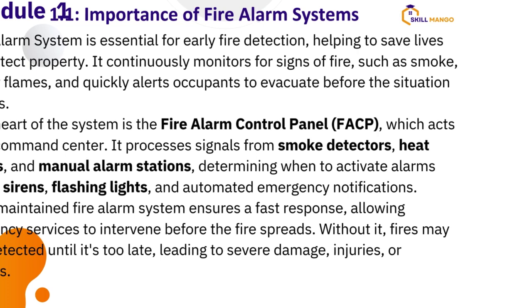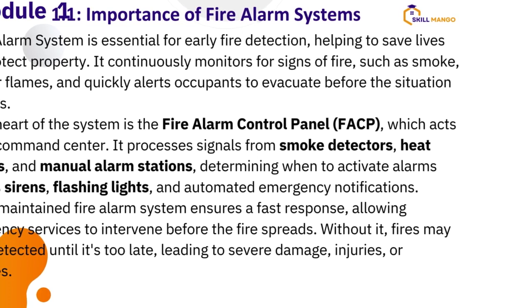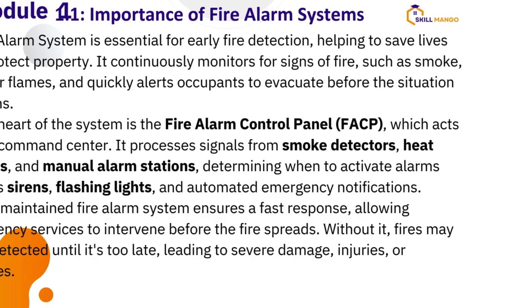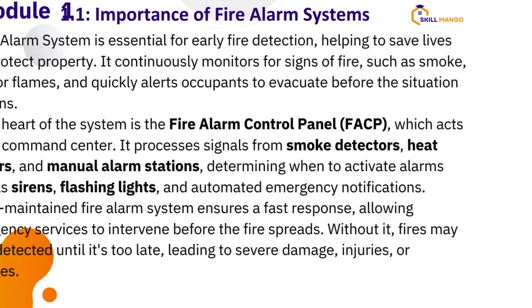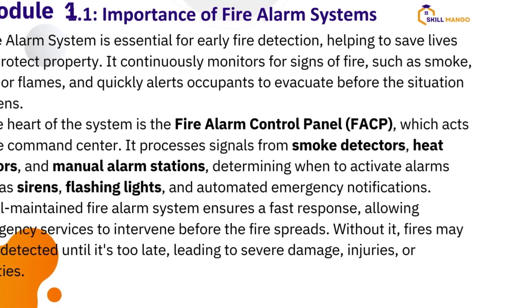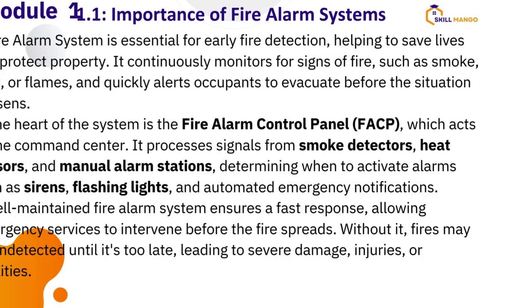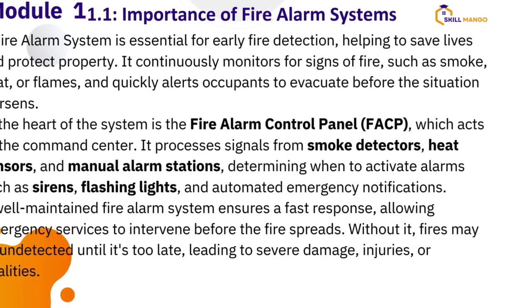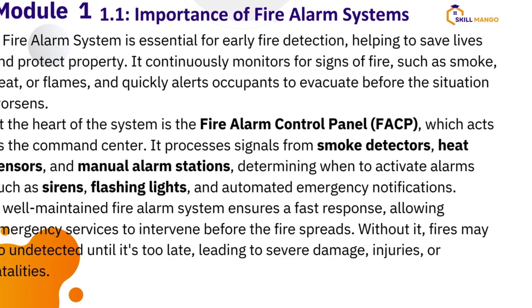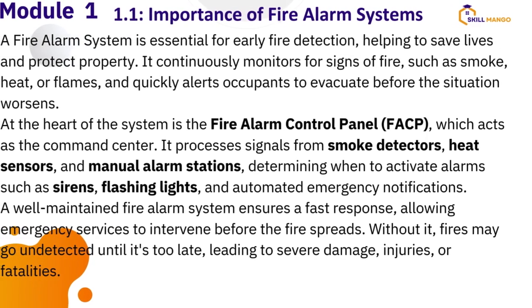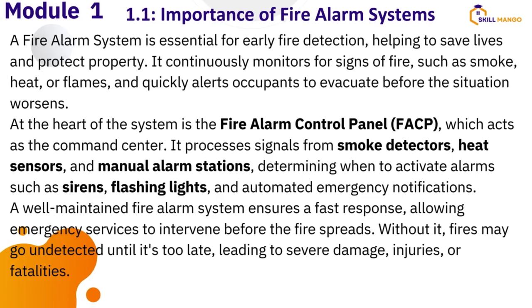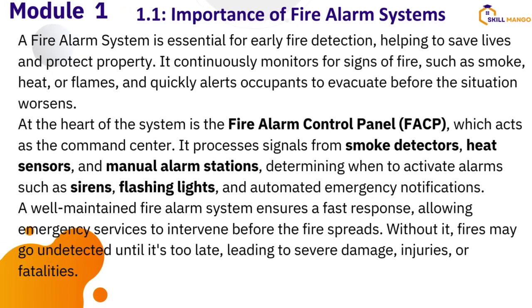A fire alarm system is basically a combination of equipment, devices, detectors, call points, and lights. They are all linked to a FACP, fire alarm control panel, which acts as a command center.